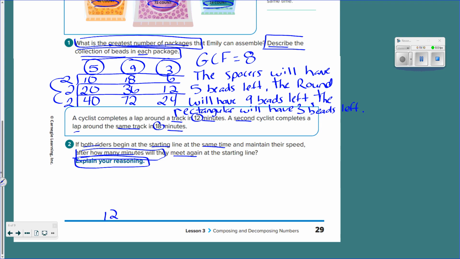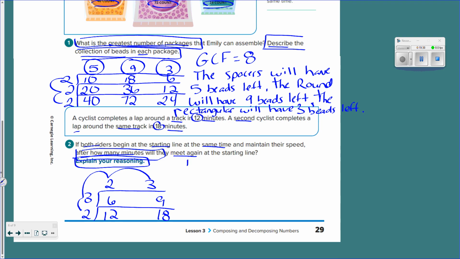Can 2 go in each of those? 3. So that's 2 and 3. Can 2 go in each of those? 3, 5, 7. So we're done. 2 times 3 is? 6 times 2 is? 12 times 3 is? So LCM is 36.